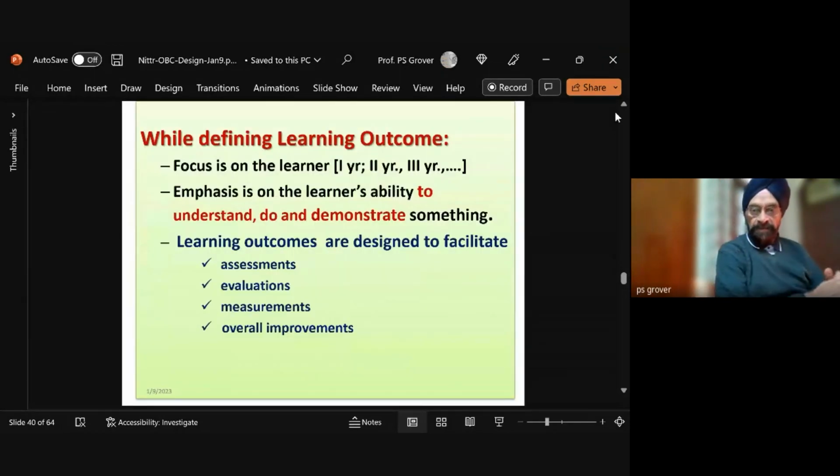So while defining a learning outcome, focus on the learner. Outcome-based education is student-centric. Focus on the learner, the first year student, second year, or certificate and so on. The emphasis is on the learner's ability to understand, do, and demonstrate something.